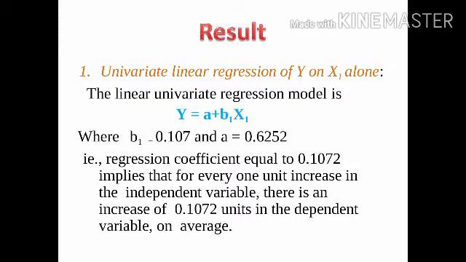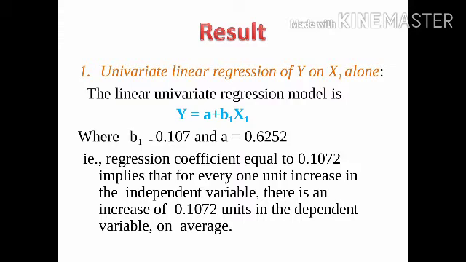I think in the last regression class you already learned about linear regression. What is a? a is a constant and b is the regression coefficient or slope.